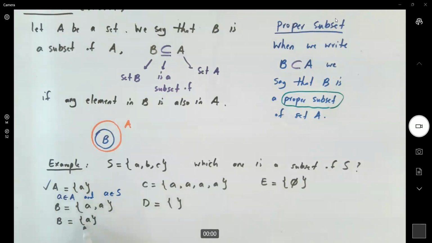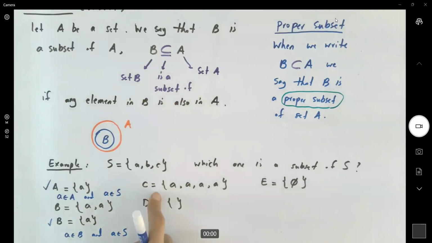One element, A. The set B doesn't have two members. Set B has only one member, A. Okay, well, let me follow the definition. Any member in the smaller set is also in the larger set. So it follows the definition of being a subset.